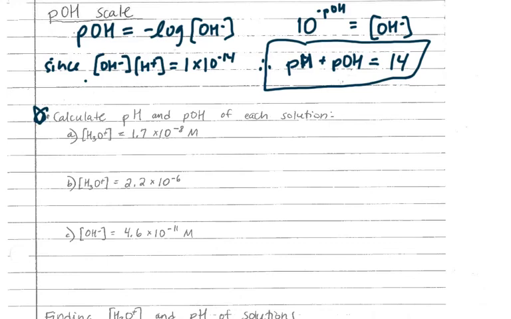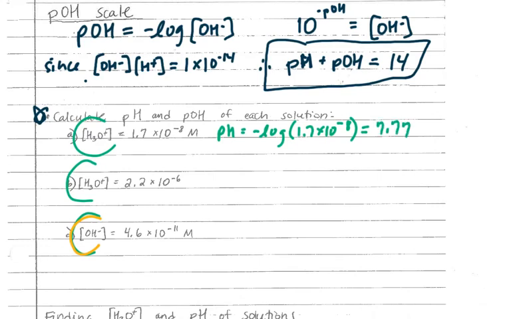So in these problems, you always want to pay attention to which ion concentration you're given. Notice that this one is different. It's the hydronium concentration. So for this one, we're going to calculate the pH first. So we just take the negative log of this hydronium ion concentration, 1.7 times 10 to the negative 8th. And we get a pH of 7.77.